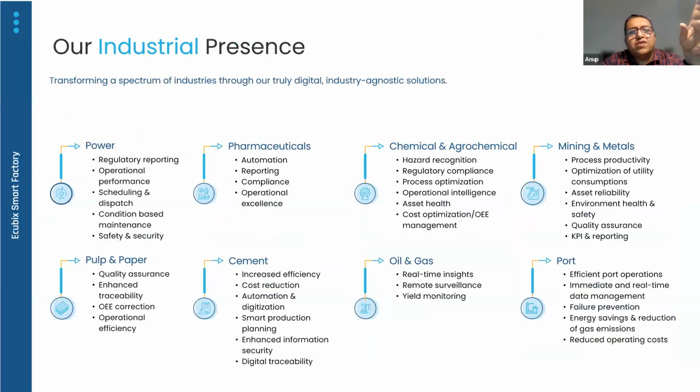When it comes to our industrial presence, this is where I would say eCubix is a step ahead of everyone. These are the industries we have worked in: power, pharmaceutical. Well, we are top class in power and pharmaceuticals. Here, if you talk to us, we know what you're talking about. In cement, paper pulp, we have done a lot of work.